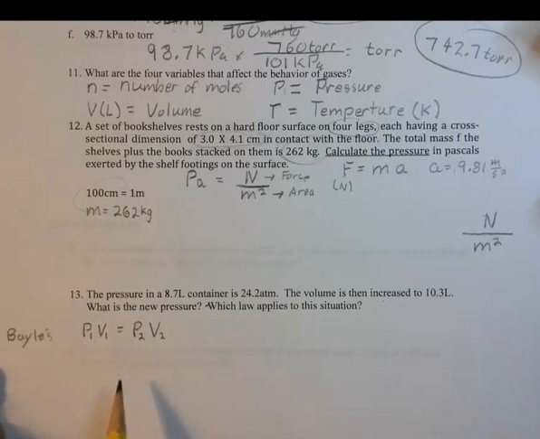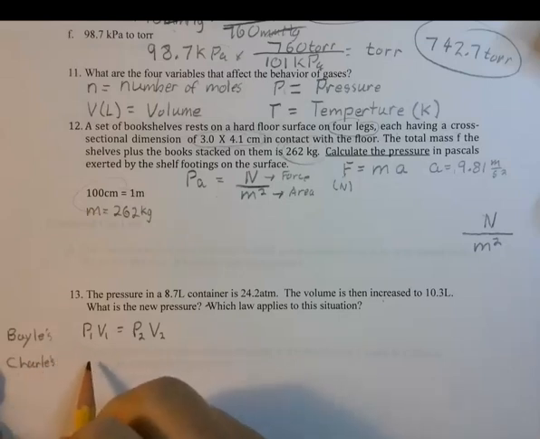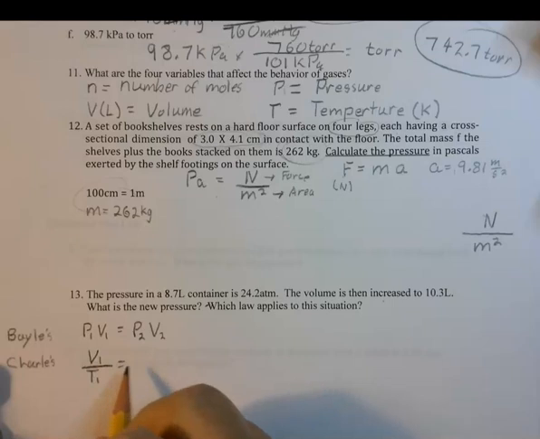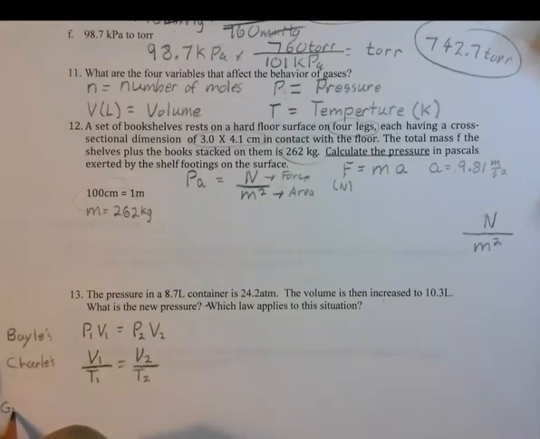The next one is Charles' law: the volume before over the temperature before equals the volume after over the temperature after. And finally Gay-Lussac's law: the pressure before over the temperature before equals the pressure after over the temperature after.